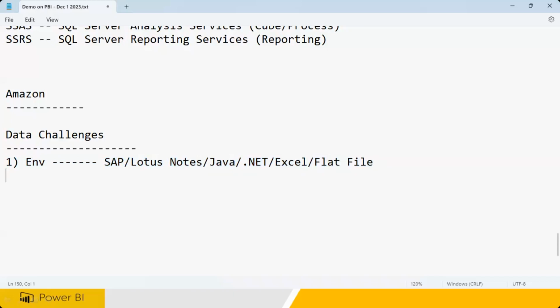Okay. The next thing the company will tell you is that it is not in a single location. I have some data in the US, some data in India, Lotus Notes data in India, Java data in a Dubai server, and .NET data in Singapore. There is a big data center.